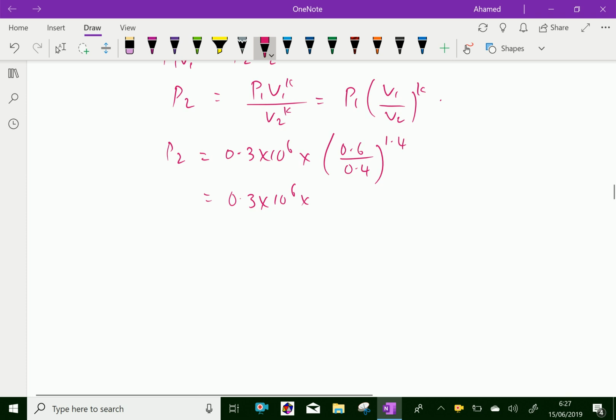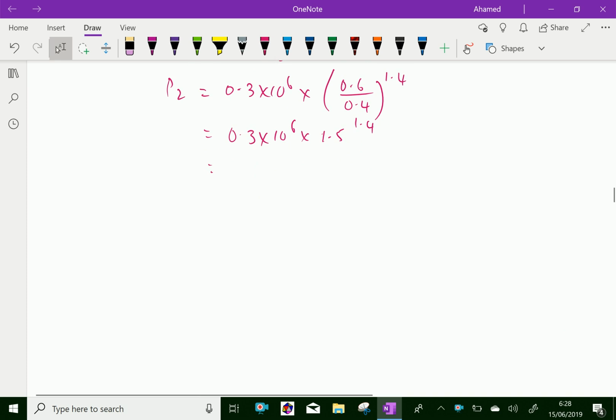Further, you can write 0.3 into 10 to the power of 6 into 0.6 over 0.4, which is 1.5, power 1.4, equal 0.3 into 10 power 6 into 1.5 power 1.4, equal 529235.6 Newton per meter square.